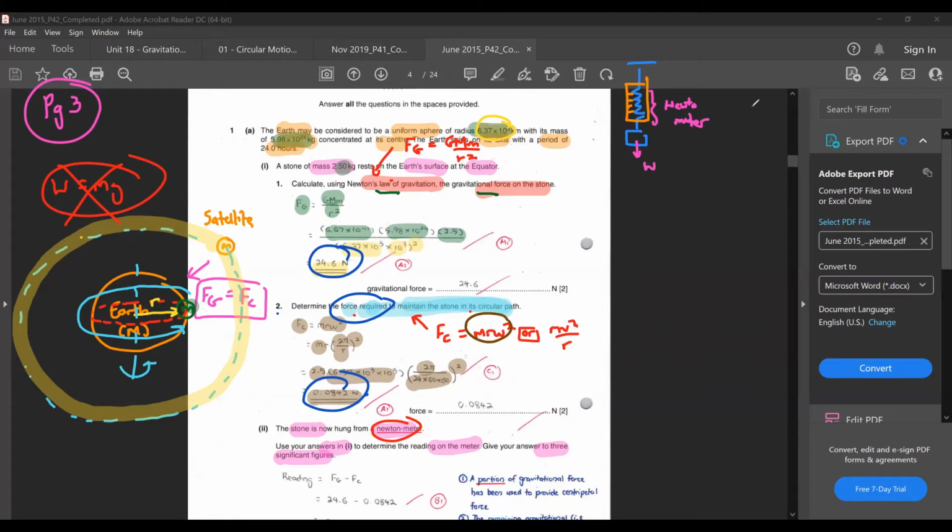Now, the thing here is this, your Newton meter. A lot of people will always think that your Newton meter is actually measuring the weight, because most of the time what people do is they go and hang some sort of weight onto the Newton meter, and then the Newton meter will give you a reading, and then you will say that that one is actually the weight of the object that you've just hung, okay?